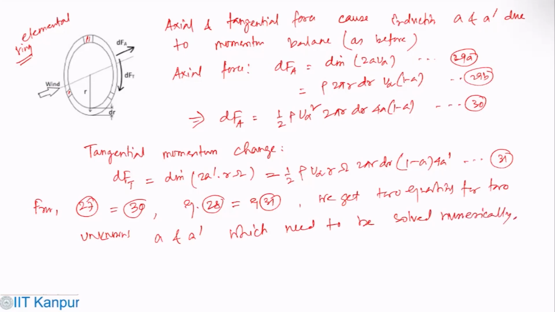Then essentially a and a prime can be found out. So that's how you get these equations.